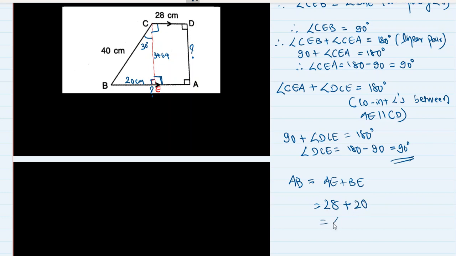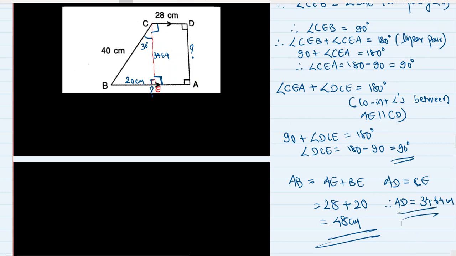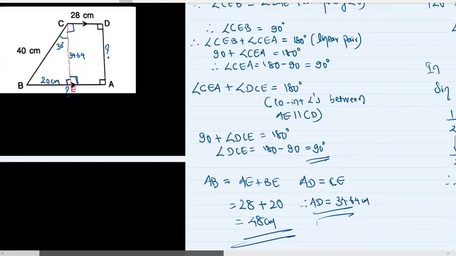So AB is 48 centimeters. That's the first answer. Second, you had to find AD. Now AD is equal to CE, opposite sides of a rectangle. So AD equals CE, which we just found, 34.64 centimeters. Now we want to find the area of the trapezium.